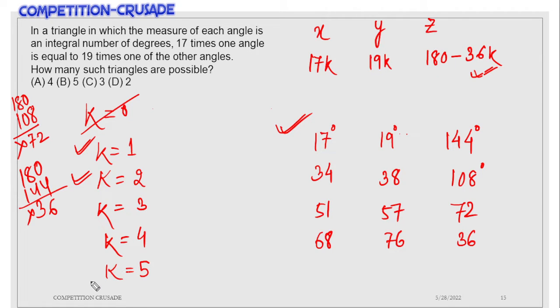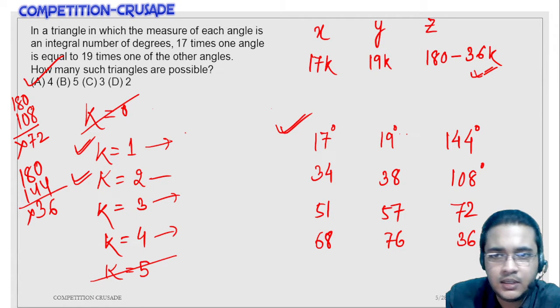So again k is equal to 5 is not allowed. So in effect, how many triangles? This is triangle number 1, this is triangle number 2, this is triangle number 3, this is triangle number 4. So in other words, 4 triangles are possible, and not the other way around. Just give me a second, let me just come back.